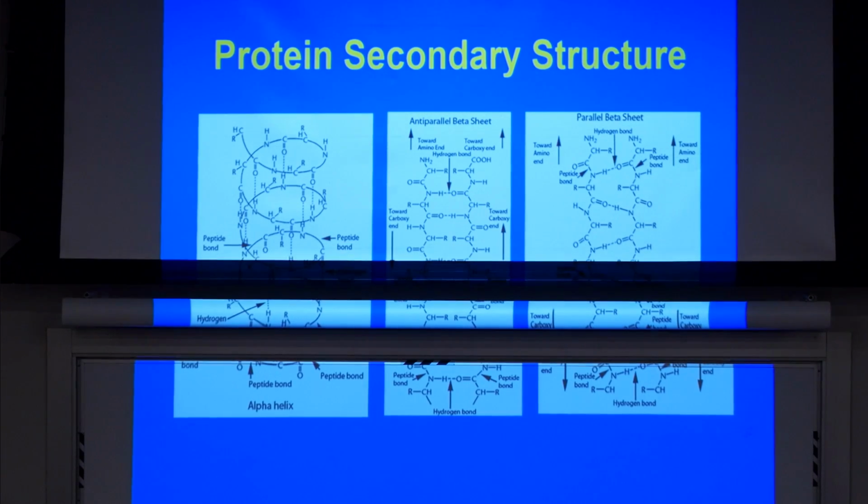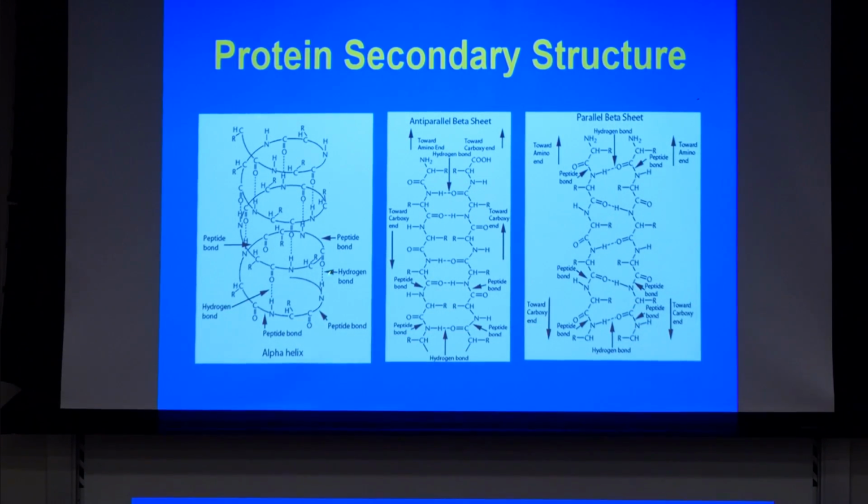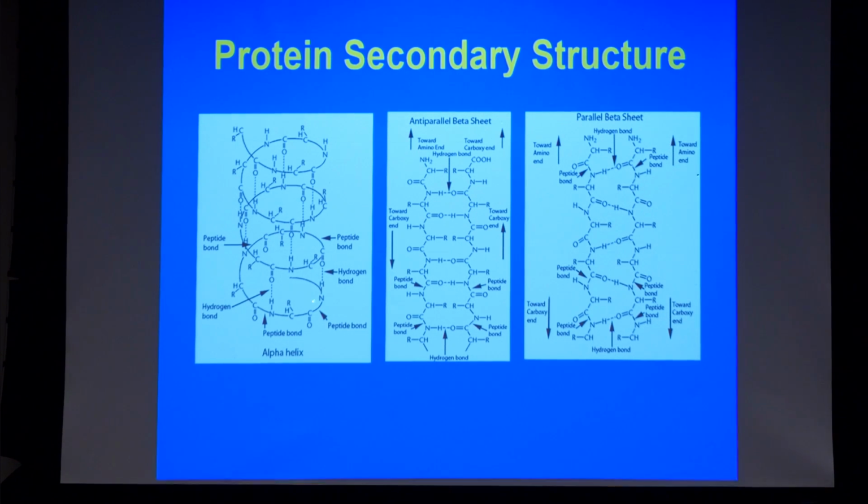So on the left-hand side is the alpha helix. And I won't go through this too much, but if you look at this, here is the nitrogen from an amine, here's its hydrogen, and it's now hydrogen bonded to this carbonyl oxygen. But if this is the number one amino acid, it's going to hydrogen bond to 1 plus 4. This will be the fifth.